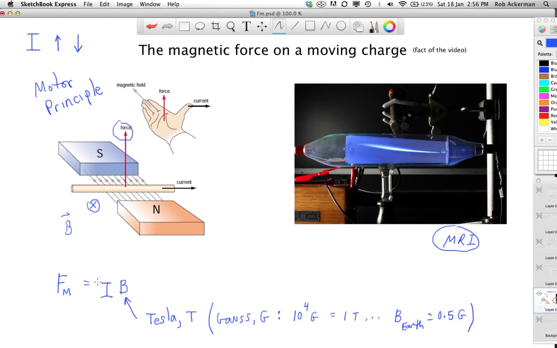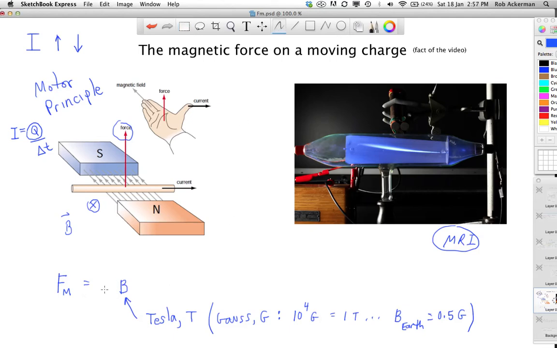However, current is made up of many, many charges that are flowing. If you recall from grade 11, I, the current, is the amount of charge flowing, Q, past a certain point in the circuit divided by the time taken. So there is the idea of charge in there. So we don't really want the letter I in here because that deals with many charges, and what I'm trying to figure out is the formula for the force on one charge.